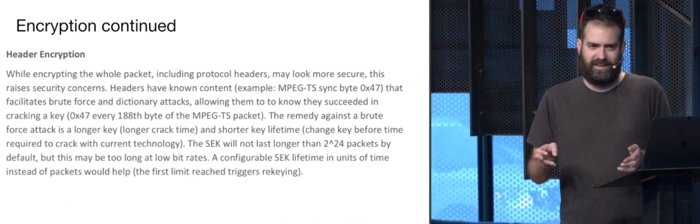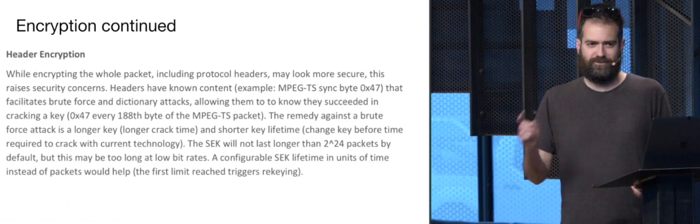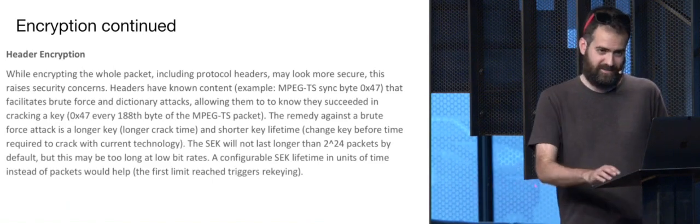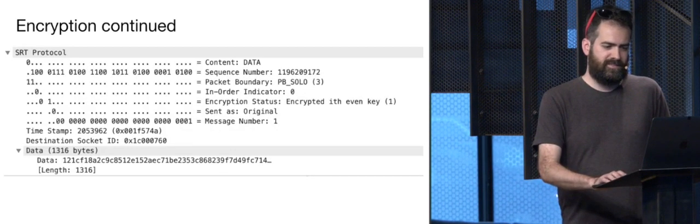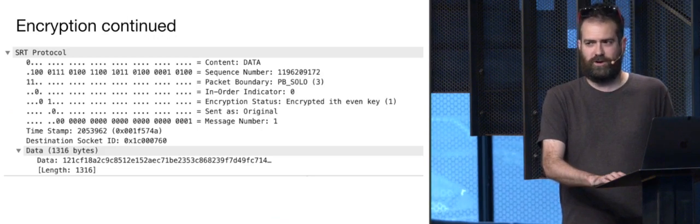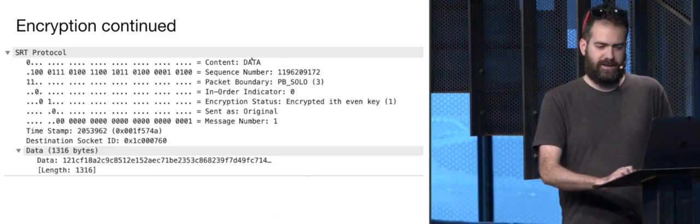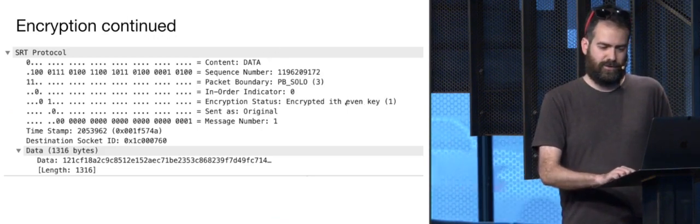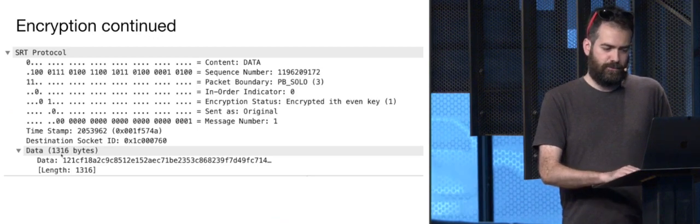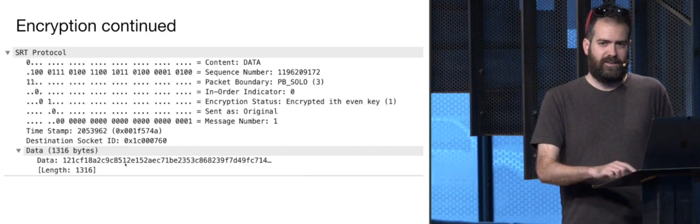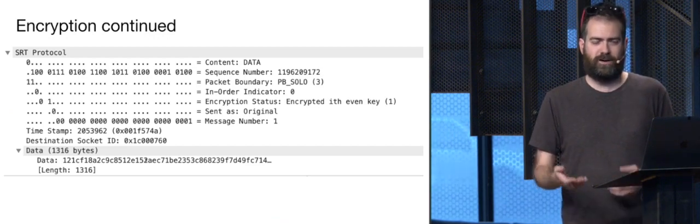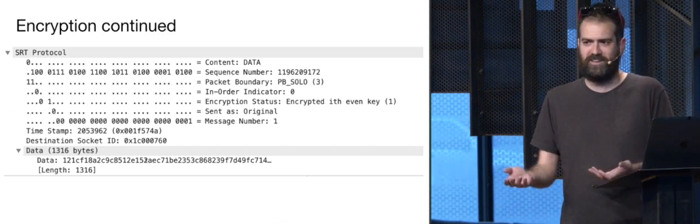But actually what it's saying is that instead we're just going to try to do key rotation really fast to make up for this. And you can see this if you Wireshark a packet. We have a data packet here. It is encrypted. And if we look at the payload here, that first byte is 12 in hex, and maybe some of you know that if it were an unencrypted TS sync byte, it would be 47 in hex.